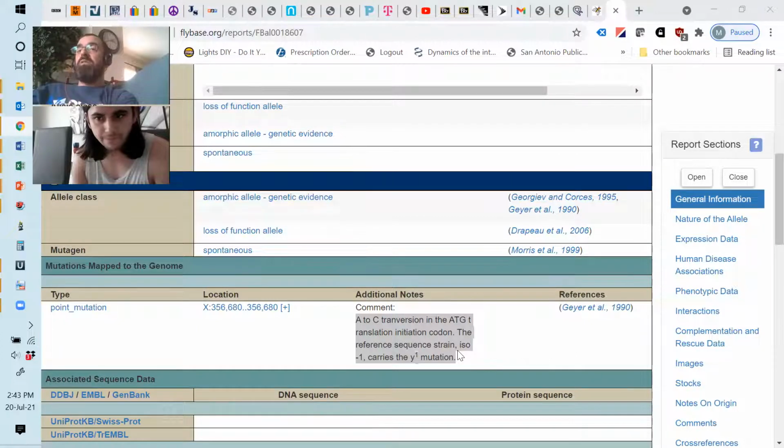It doesn't affect transcription at all, but can it be translated? If you don't have a start codon. Adam's like, I'm not going to answer now. Got a 50% chance of getting it right, right? Anybody willing to take the chance?